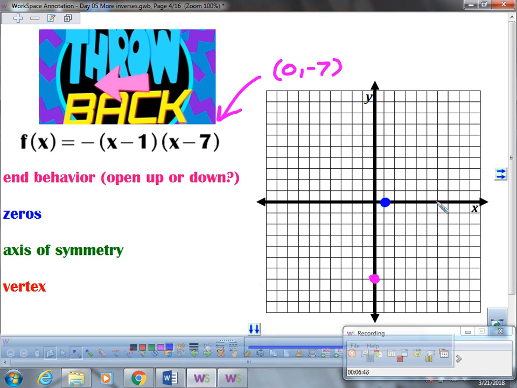1, 2, 3, 4. 1, 2, 3, 4, 5, 6, 7, 8. That's 8. Where's the vertex going to be? In the middle, right there.